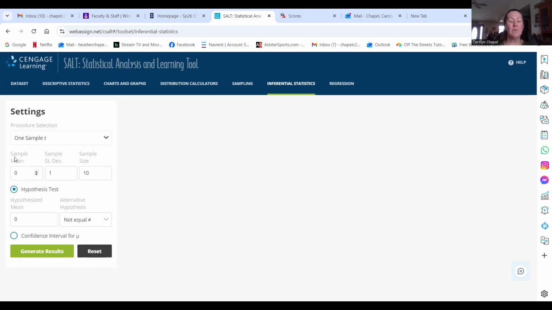The first thing we're going to be putting in is the sample information. So the sample mean, that was our 9 pounds. Our sample standard deviation was 2.1, and our sample size was 45. So all of the sample information goes in here.